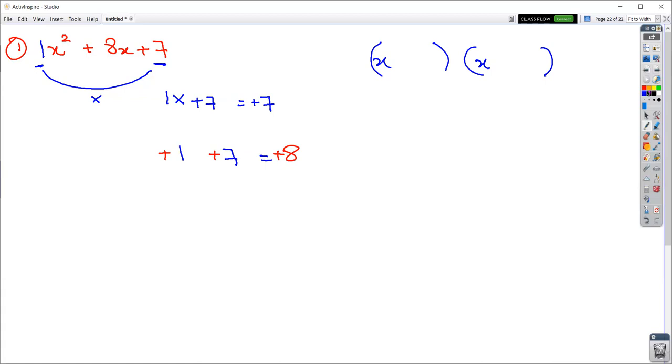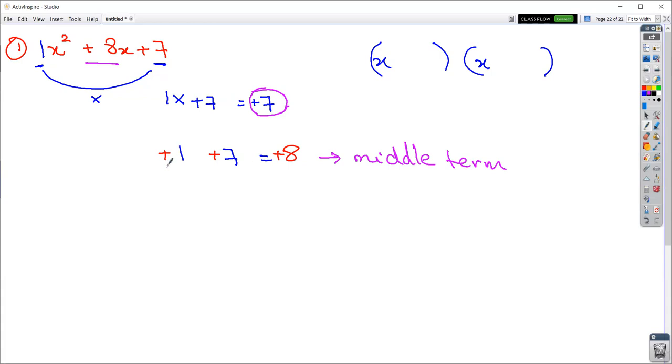Yes. So basically in this sort of factorization, we are looking for the product of the first and the last term. Whatever you get as the product of the first and the last term, you need to see that the sum of them makes your middle term. Here we have the middle term 8, and using these numbers we try to make it using any signs, either positive or negative, to make plus 8.